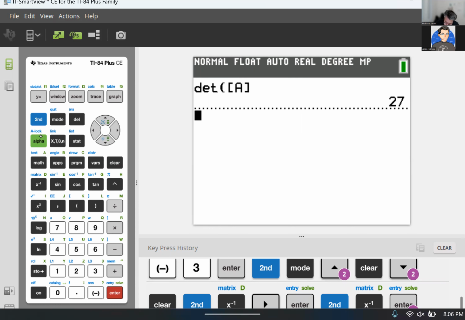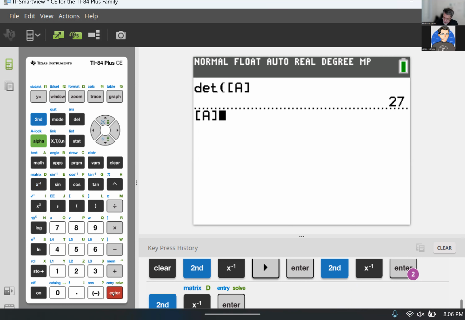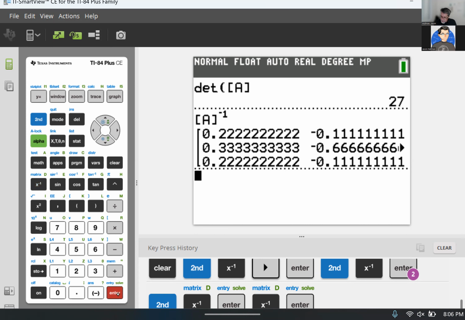We call up the matrix A and raise it to the negative first power using the x to the negative first power button, which tells the calculator we're trying to find an inverse. It comes out with these values.